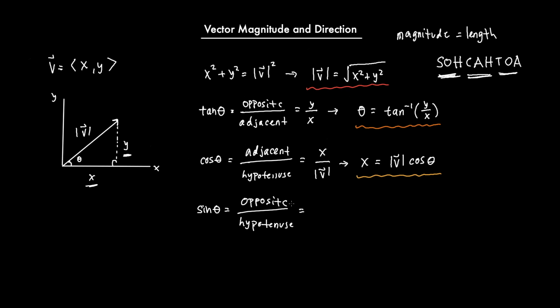So the opposite would be our y component, and our hypotenuse, of course, is the magnitude of the vector. So for isolating for our unknown, which is the y component, we get y is equal to the magnitude of the vector times sine theta. And so by using these four equations, we can find out all the properties of the vector in terms of magnitude and direction.